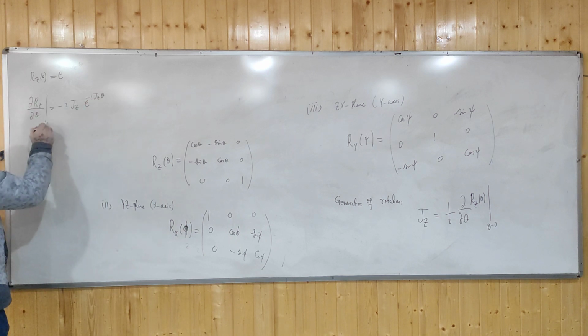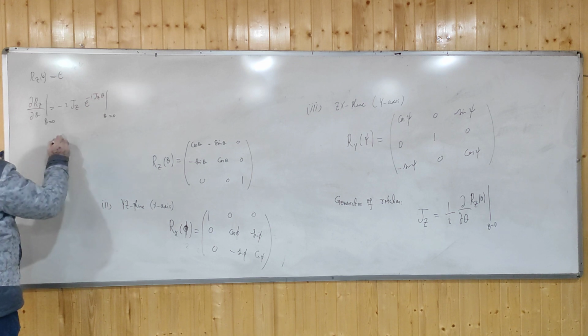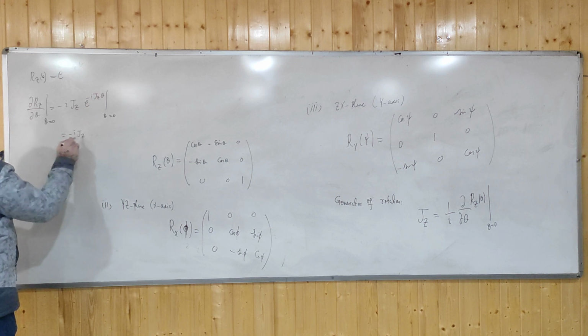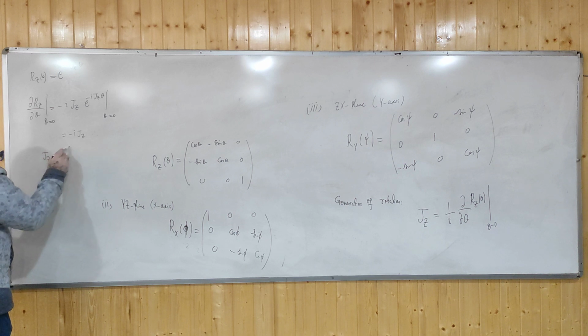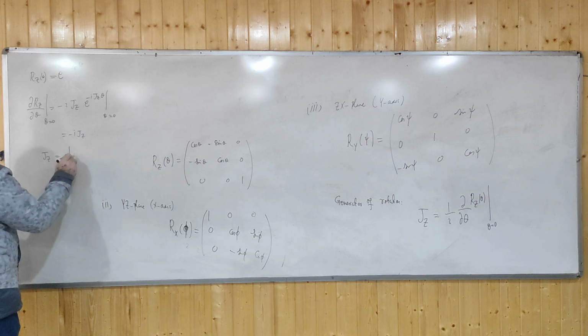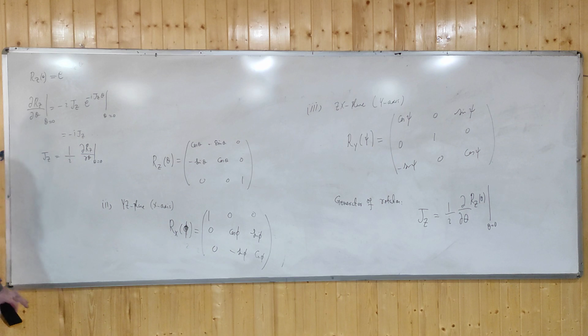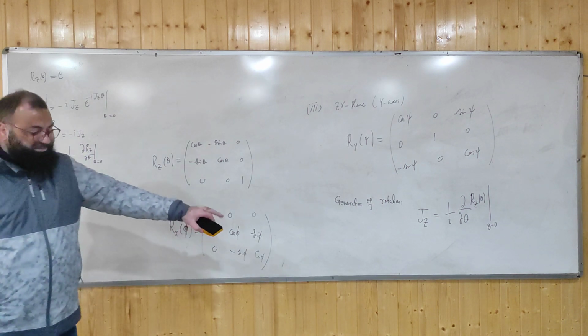If I take theta equal to 0, it is minus i Jz. What is your Jz then? I should introduce that minus, so it is i partial Rz by partial theta at theta equal to 0. Clear? Got it? So this you know, but I started from here.